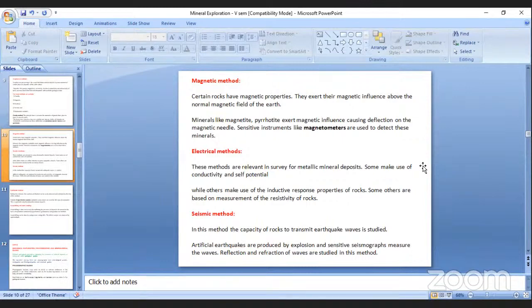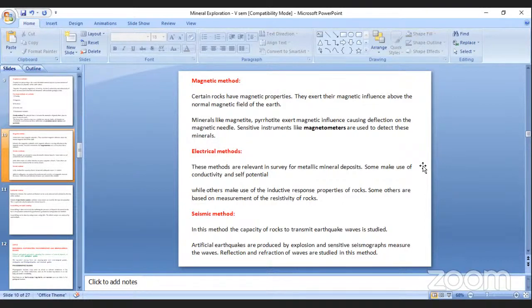That means artificially we have a seismograph, and it is useful for measuring how many waves are being produced into the deeper levels of the surface. Based on that, we have a chance to measure here.